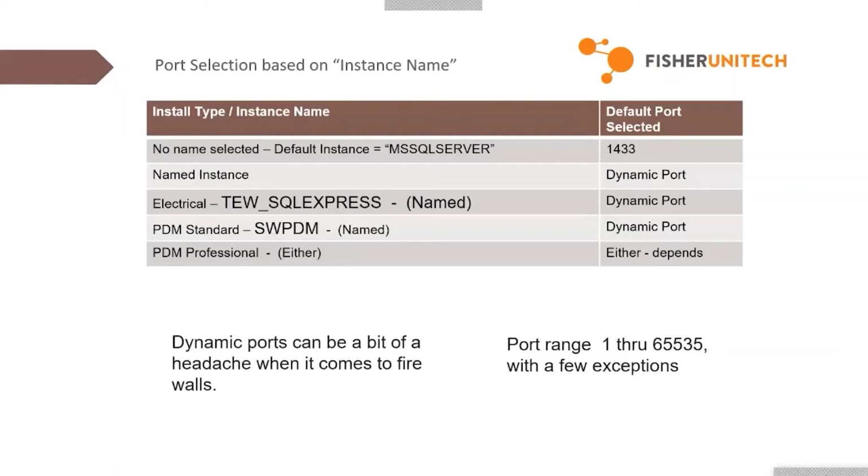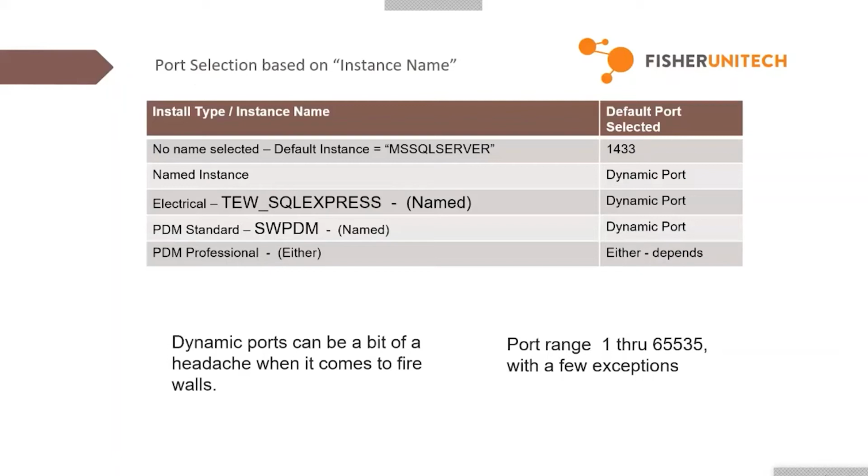So when installing Electrical, by default, it will pick TW SQL Express, which is a named instance, so that's a dynamic port. So you will likely want to look at setting that to a static port. And PDM Standard, by default, will pick SWPDM, also a named instance, also dynamic. They do explicitly say in the install process that we should set that to be a static port, but the install wizard makes it dynamic.